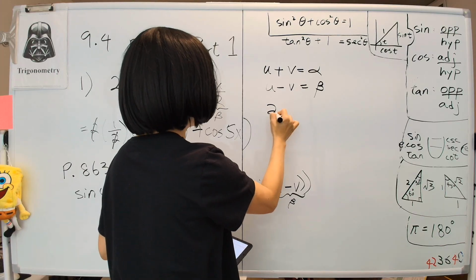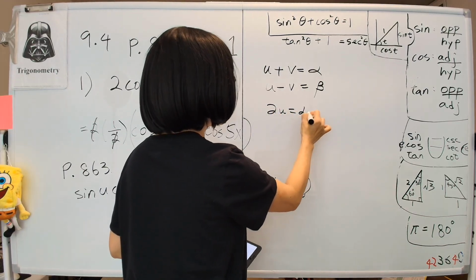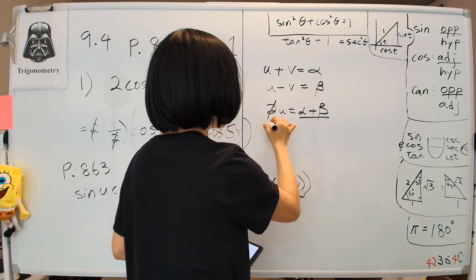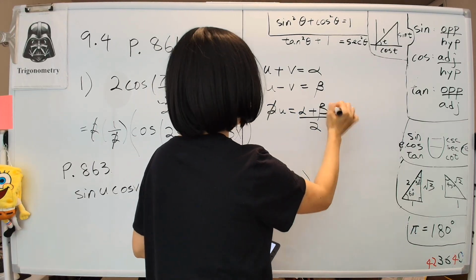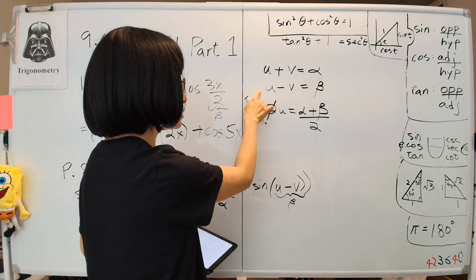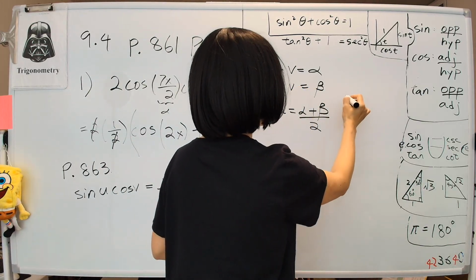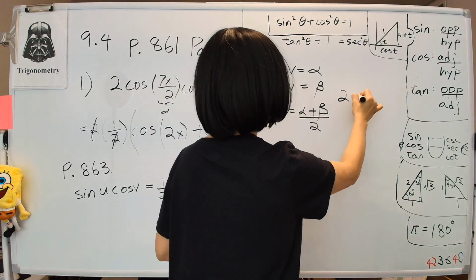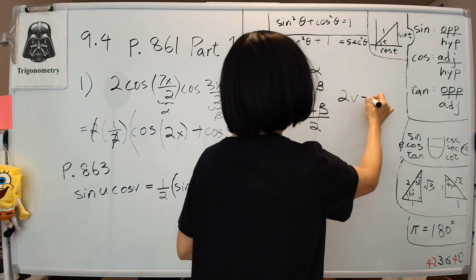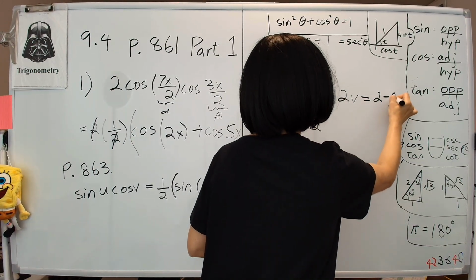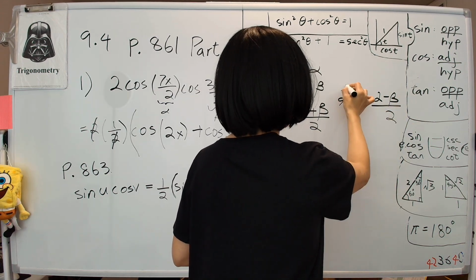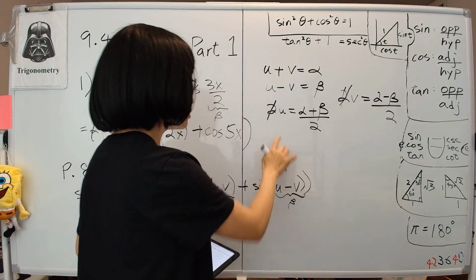We get 2u equals alpha plus beta, and therefore u equals alpha plus beta over 2. And then if we do subtraction, equation 1 minus equation 2, that will give us 2v, okay? The u will subtract out, we get 2v equals alpha minus beta, and so v equals alpha minus beta over 2. So that's what u and v is.